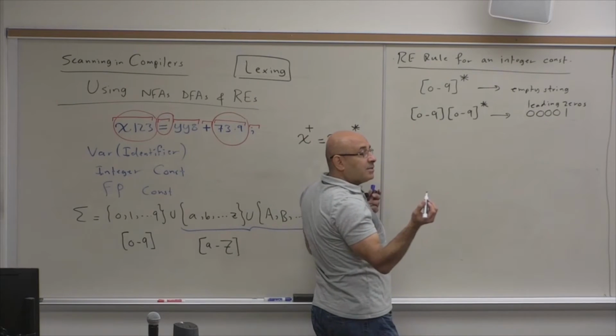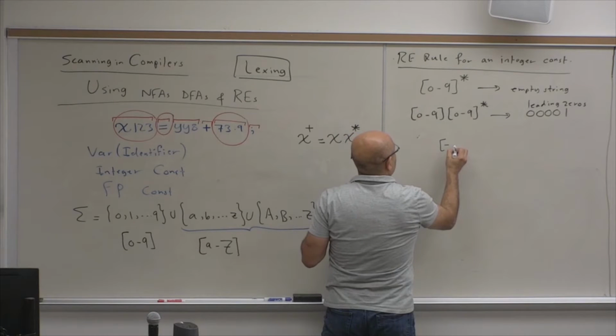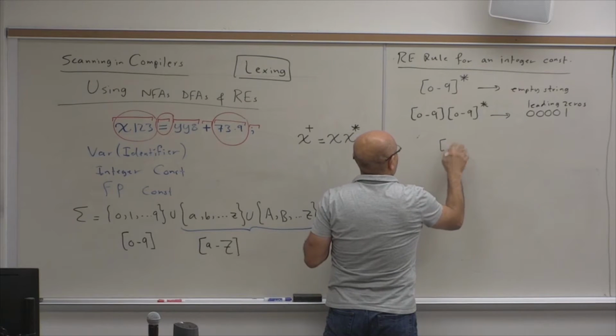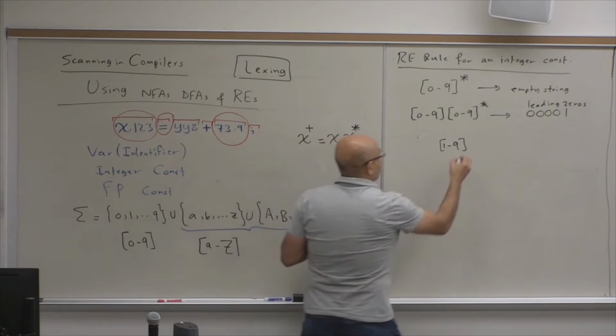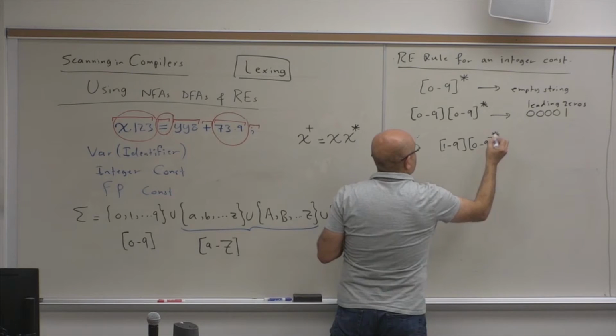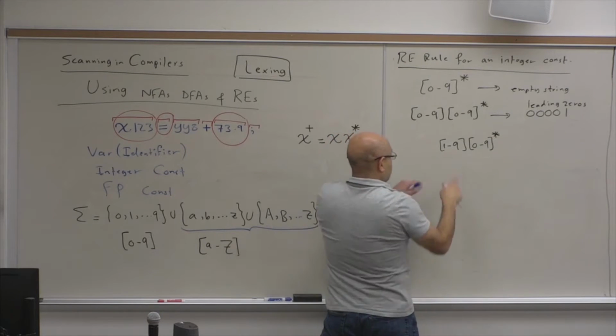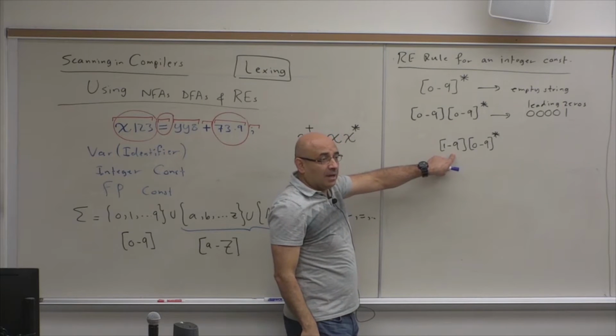Then you will not have zeros at all, right? So you want to do, okay, 1 through 9, then 0 through 9 star.